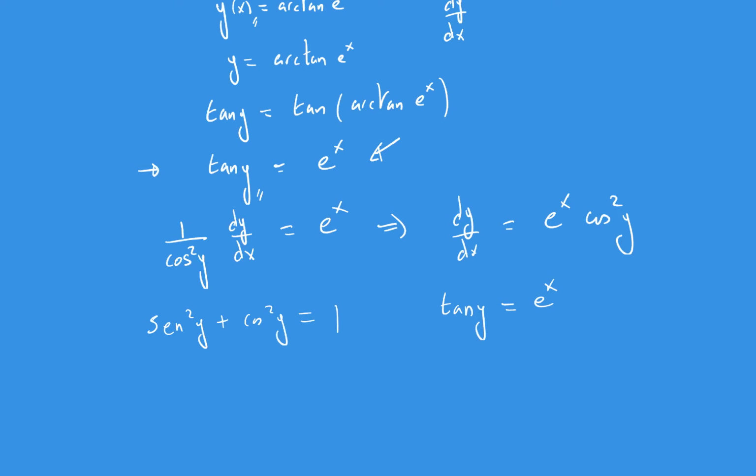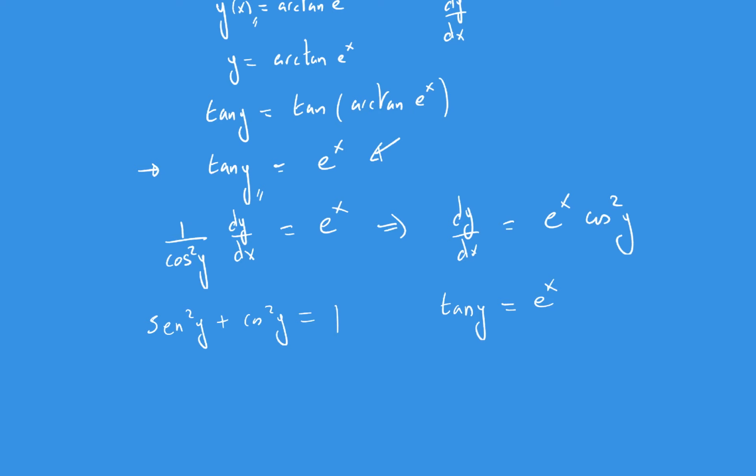To make tangent appear in this relation, I will divide everything by cosine square of y. So if I divide this expression by cosine square of y, there will appear tangent square of y plus 1 equal to 1 divided by cosine square of y.